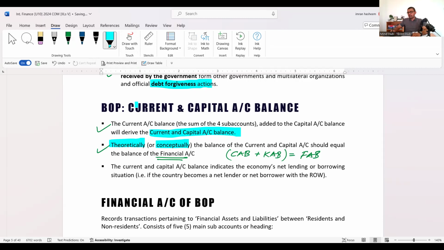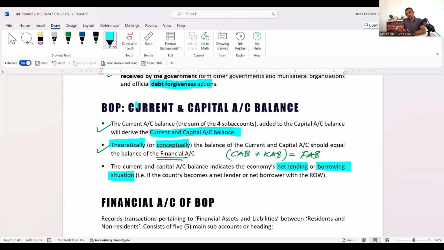Then the current and capital account balance indicates the economy's net lending or net borrowing situation. So in the financial account, if we have created more liabilities because we have borrowed more, that will be because we have deficits and we have underperformed in the current and capital account.